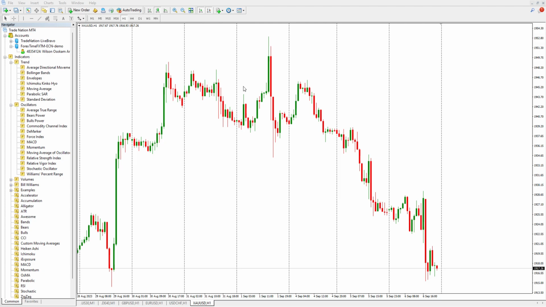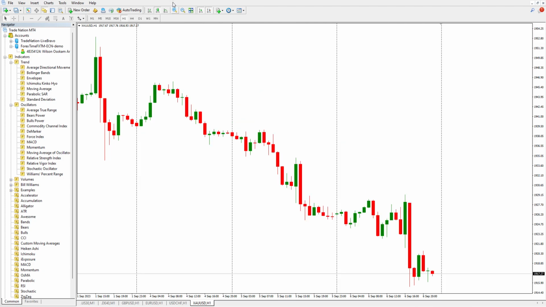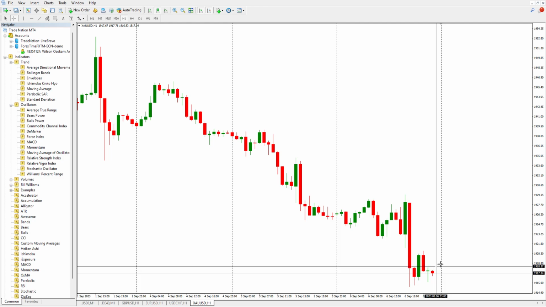Okay, so I'm opening the gold chart on the hourly time frame. I'm anticipating this market to buy. All right, so I don't want to join the buy at this price. I have to make sure that the buy is above the market price.